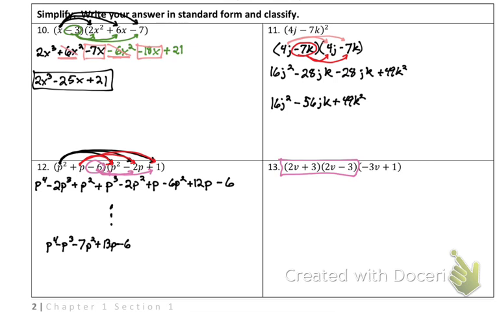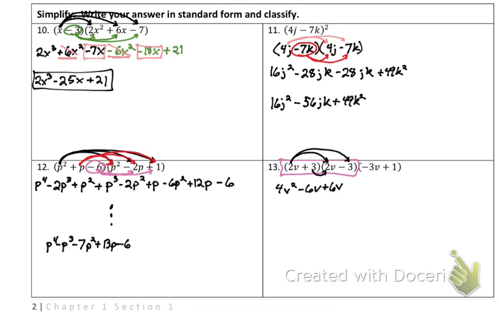Simplifying this means I'm going to take 2v times 2v. 2 times 2 is 4. v times v is v squared. Take that 2v times that negative 3, and I have negative 6v. Then I'm going to take that 3 times 2v, which equals a positive 6v.